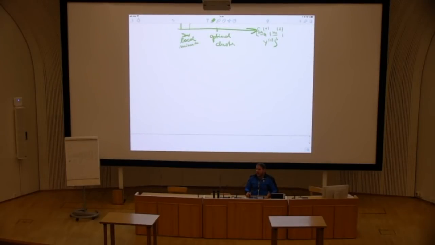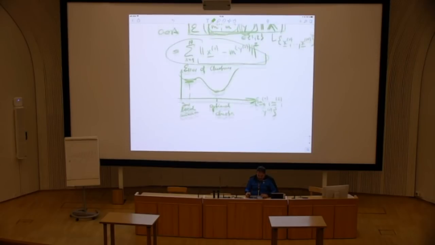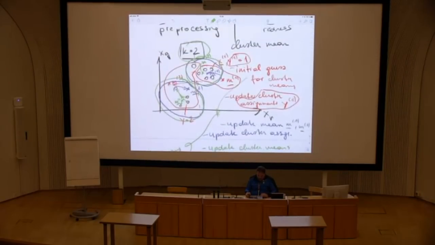Okay, k-means is what we call a hard clustering method. Hard clustering means that each data point is assigned to one and exactly one cluster. And sometimes this is a bit too coarse-grained information.